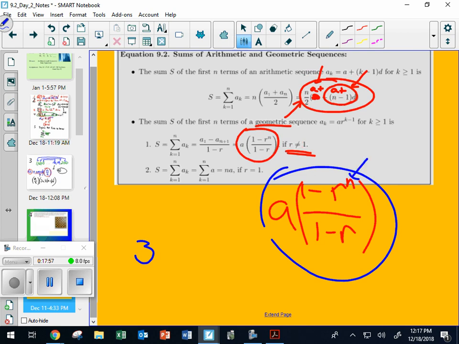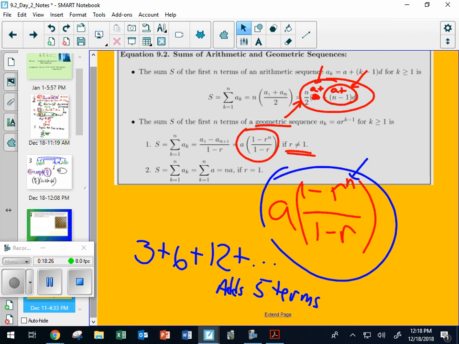So if I have a series, it's got to be like this: 3 plus, now I'm doubling it, 6 plus, now I'm doubling it, 12 plus, and I want to do that for the first, let me think, 5 terms. What this formula does is it adds the 5 terms. I've given you the first 3. Use the formula to get the sum of the first 5 terms.